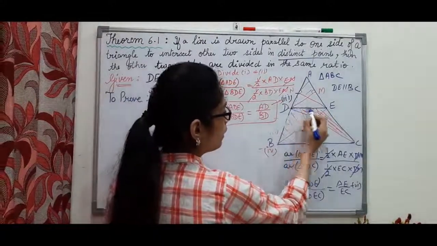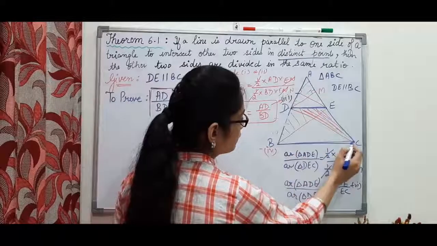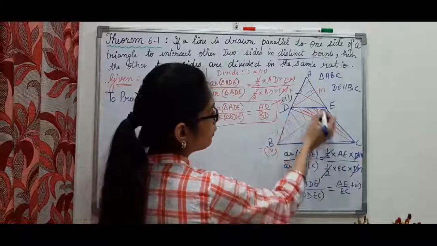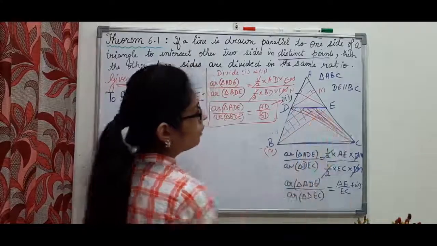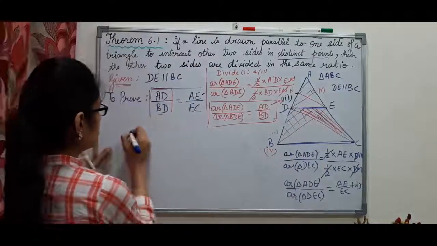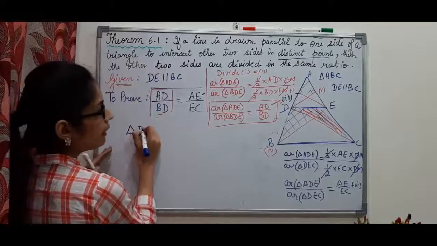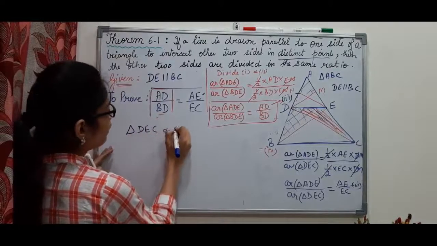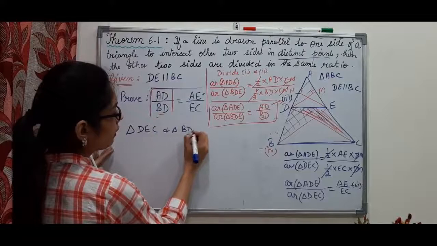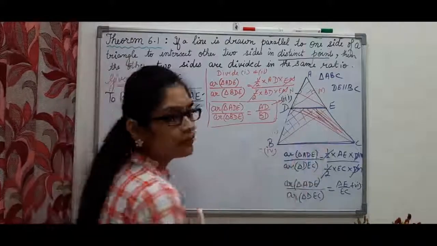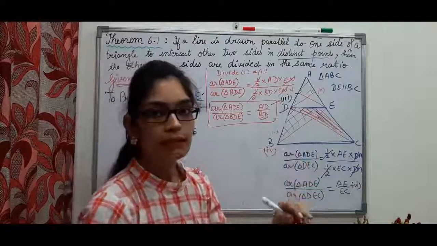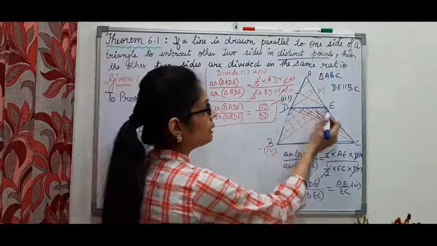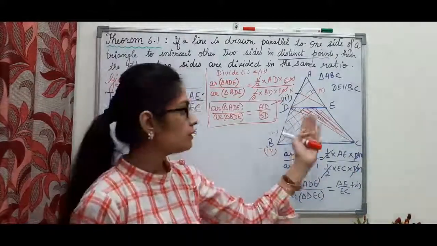We know DE is parallel to BC, and this triangle and this triangle, this one and this one. So can you see that triangle DEC and triangle BDE, they are between same parallels. DE and BC, they are between same parallels and their base is also same, both their base is DE.